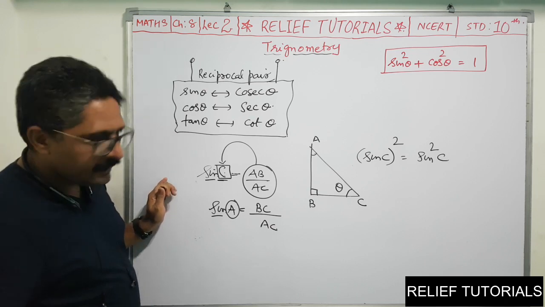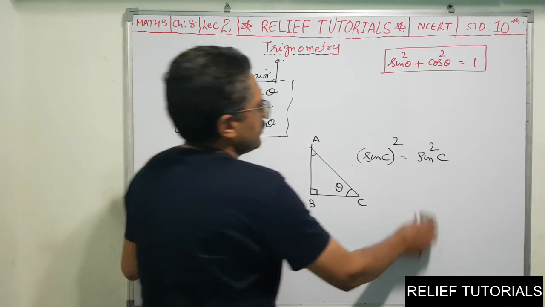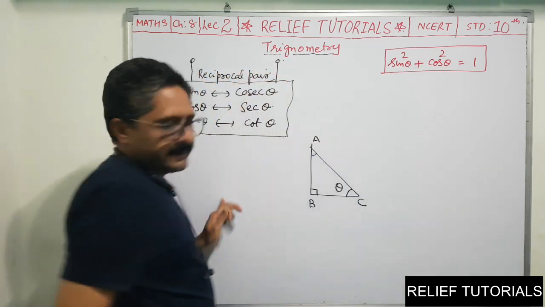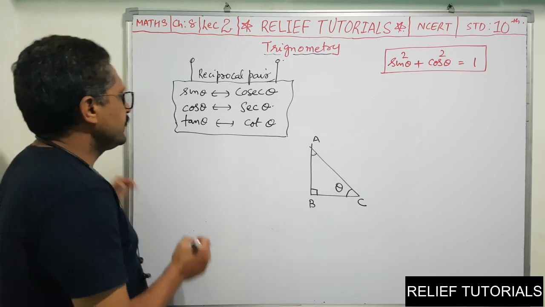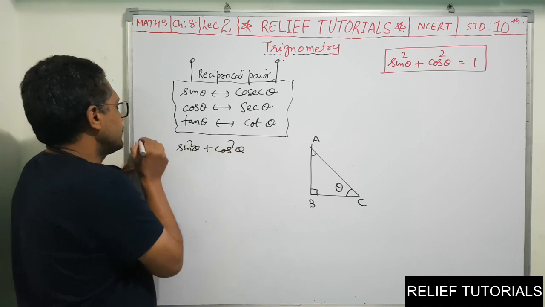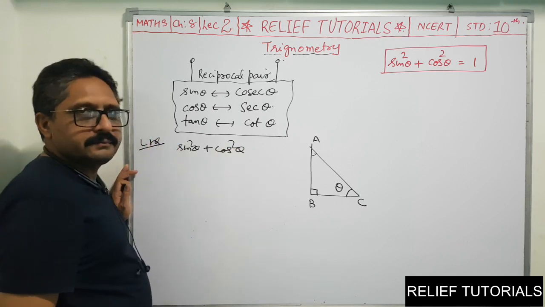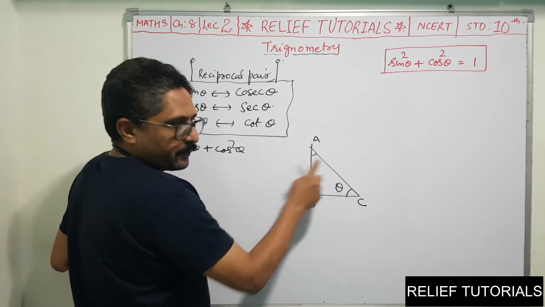Okay. Now we will discuss a very important identity: sin square theta plus cos square theta is equal to 1. We will take the LHS, sin square theta plus cos square theta. Now sin theta is opposite upon hypotenuse.